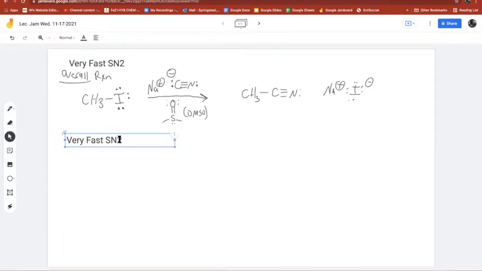Now I'm going to do a very fast SN1. Oh, wait. I'm kind of rushing things here. I forgot. Let me do more with this SN2.